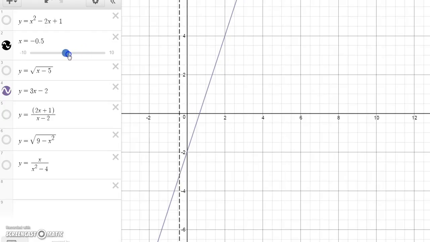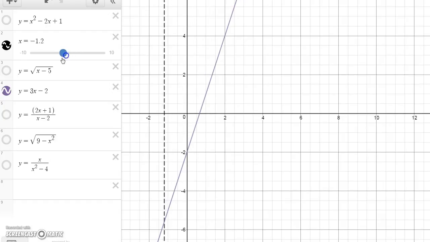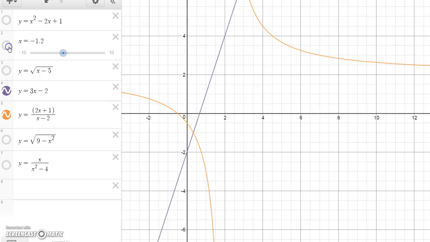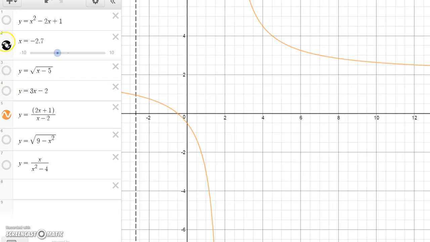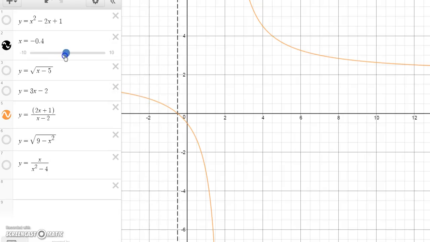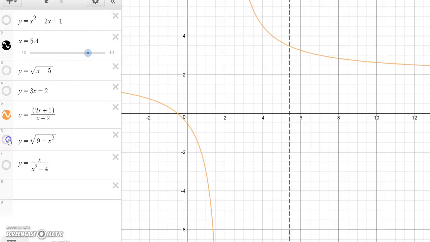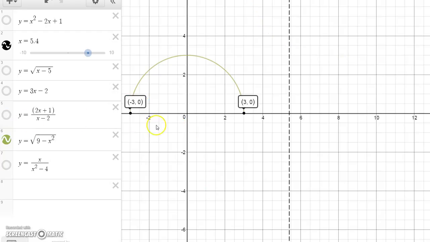The vertical line only crosses it at most at one place. Then the next one. Let's turn the line off. I turned the wrong one off. So you see the vertical line never crosses it more than once. So that's a function. The next one, same thing.